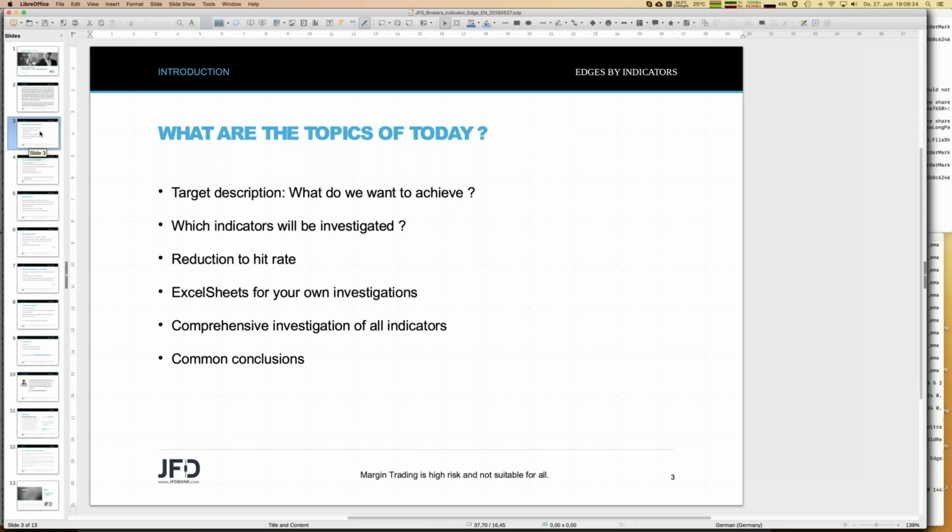I've done those things with my C++ computer programs to get really the complete picture. That unfortunately I cannot share, but I can share the results, and those results once again are in some Excel sheets, and you will see that we can draw quite a lot of common conclusions even over all investigated symbols and indicators. So we can really draw some common conclusions, which is quite cool that this is possible for that kind of topic.